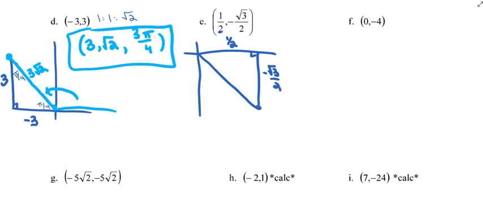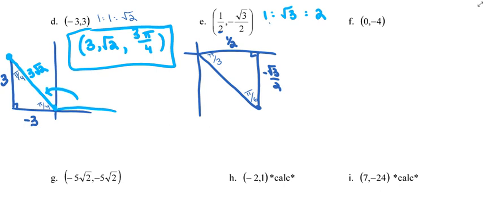So I'm seeing those 1s and 2s and root 3s in there, and I'm thinking 30, 60, 90 right triangle. So root 3 over 2 is larger than 1/2, which is going to make this my pi over 6 and this my pi over 3.